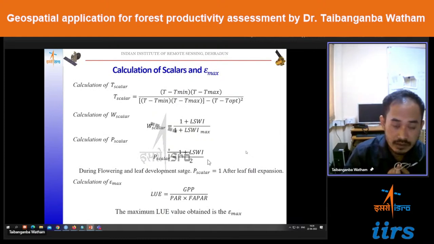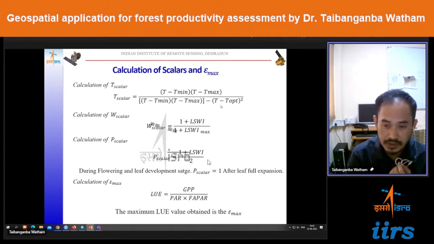So for the calculation of these scalars, like the temperature scalar, from the flux tower itself, or from ground measurements, we can always find out the optimum temperature that is good for a particular forest or vegetation type, and the T max and T min observed at that study site over a year or a season.